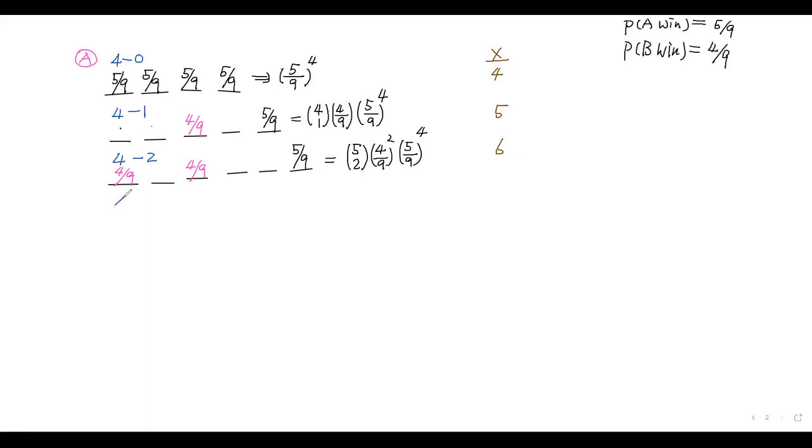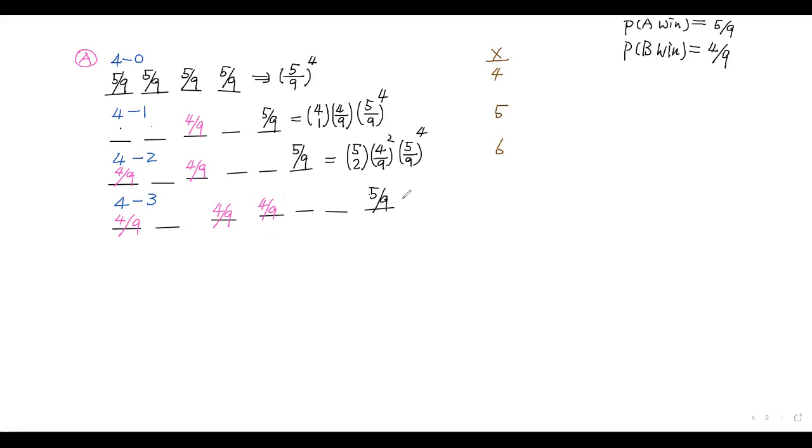Okay, so now let's take a look here. How about 4-3? So 4-3 here, then in here you have 1, 2, 3, 4, 5, 6, 7. All right. So still the last one is winning, so it's 5/9. Then in here you have 3 losing, so it's 4/9, 4/9, and maybe 4/9 here. So the remaining are wins.